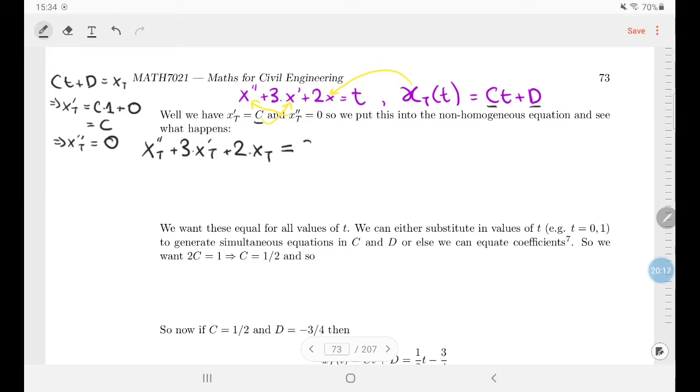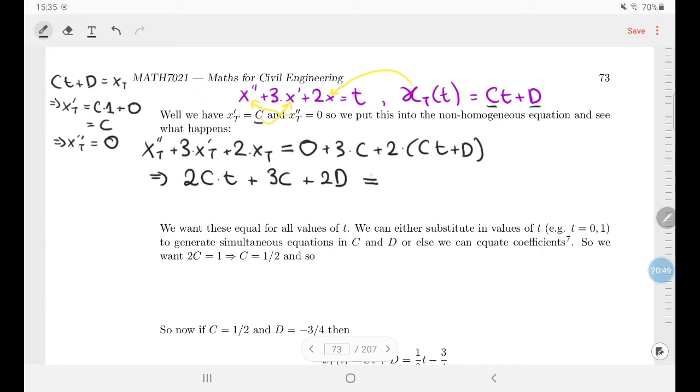The second derivative is 0, we calculated that, plus 3 times the first derivative, which is c, plus twice the trial solution. The trial solution is ct plus d. And we're going to tidy this up a little bit, putting the t's together and the constants. So for the t, you've got 2 times c times t, and then you've got 3c plus 2d. And we want that to equal, I'm going to put an exclamation mark, so we want to force this to be equal to t.